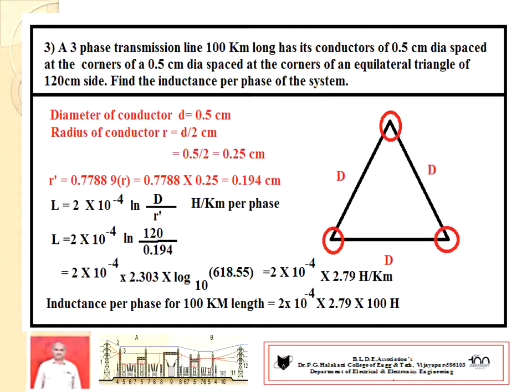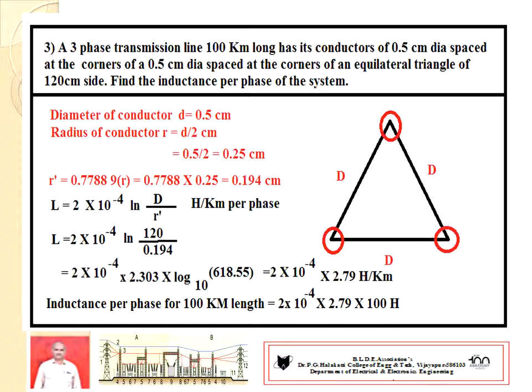Then once you know the r value, go for r dash, that is 0.7788 times r, which gives 0.194 centimeter. So L equals 2 into 10 to the power of minus 4 ln D by r dash, Henries per kilometer per phase.